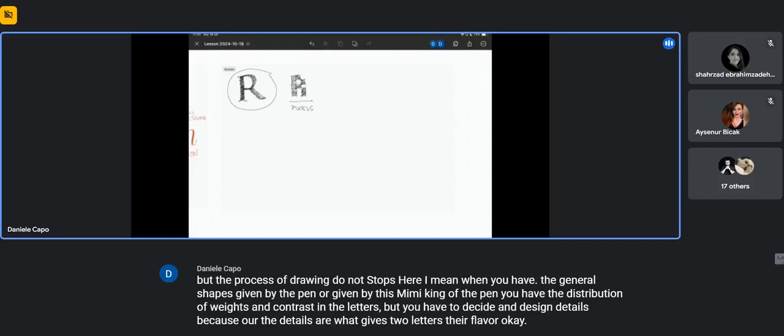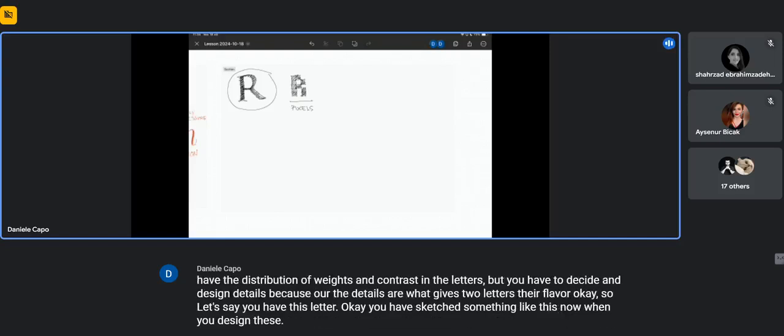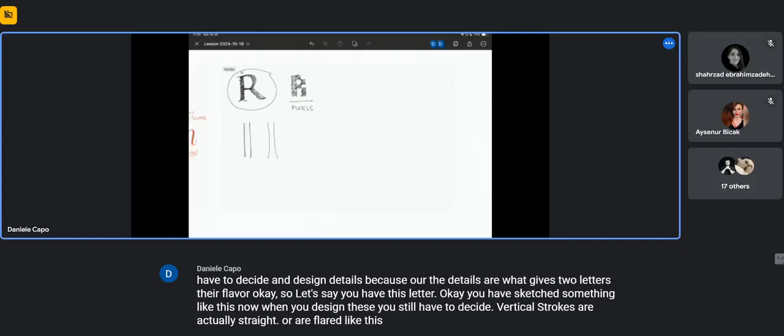Okay, so let's say you have this letter. You have sketched something like this. Now, when you design this, you still have to decide whether vertical strokes are actually straight or are flared like this. Okay, this is a decision.